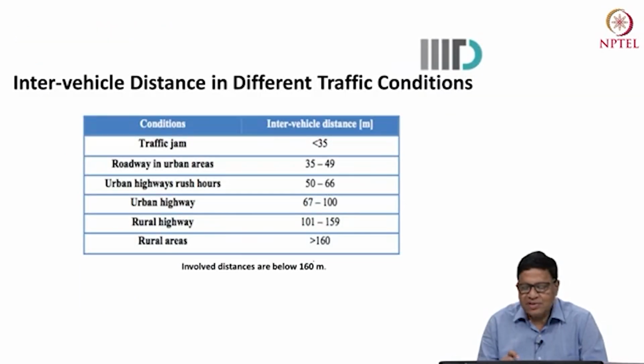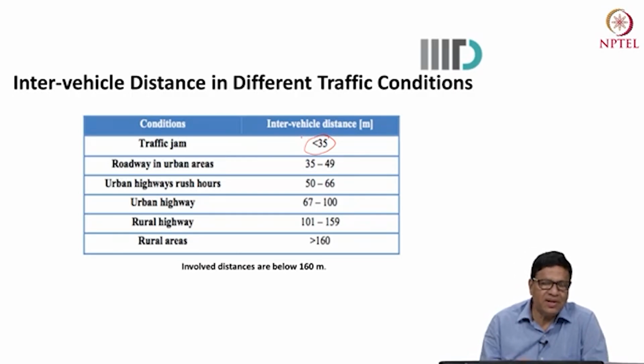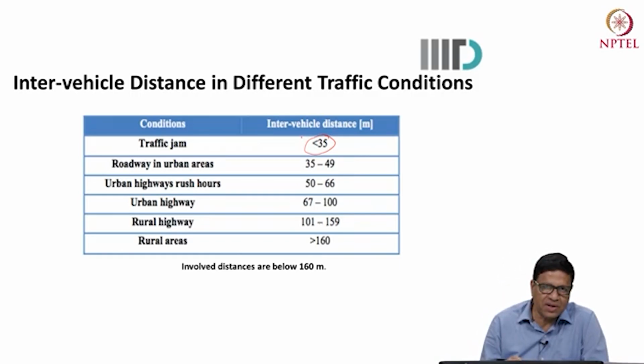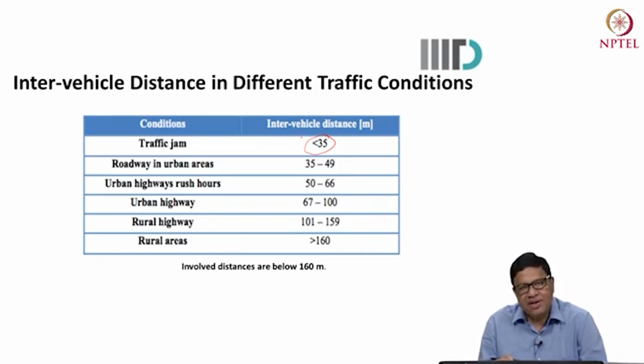So inter-vehicle distance for different conditions. In a jam, the average distance is less than 30 meters because, see, you have to design a system based on certain requirements. We have studied what is the latency requirement, what is the communication distance, what kind of safety services are required, and what are the different latency and communication requirements for those safety applications.